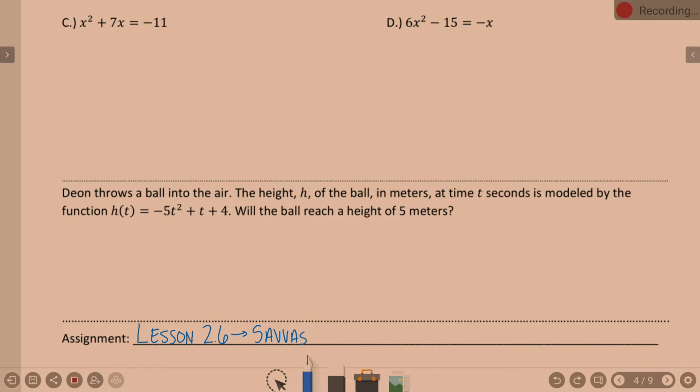C. x squared plus 7x equals negative 11. We've got to make it equal to 0 before you do anything. So x squared plus 7x, add the 11 over, plus 11 equals 0.